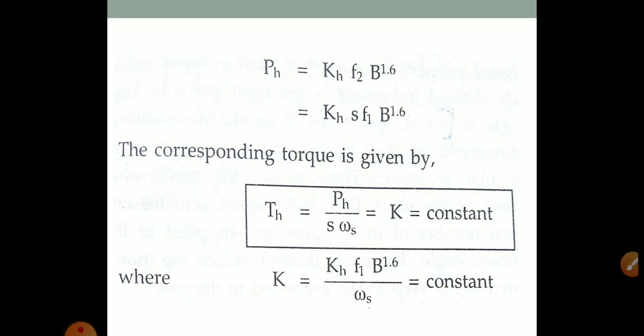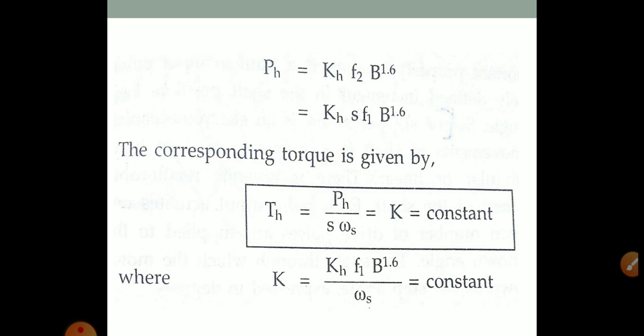Now the power loss due to hysteresis is given as Ph equals Kh f2 into B raised to 1.6, where Kh is the hysteresis loss constant, f2 is rotor frequency, and B is the flux density. Now again replace f2 as S into f1. So we get the equation Ph equals Kh into S f1 into B raised to 1.6.